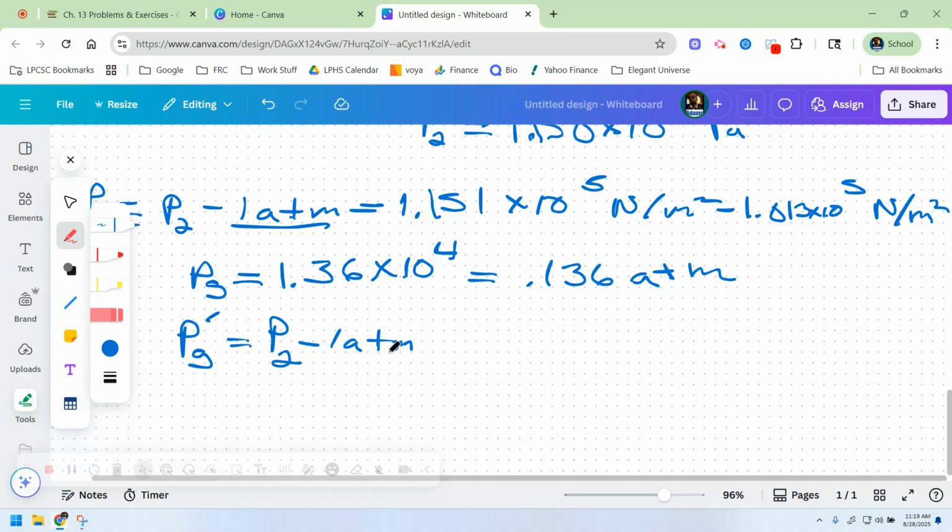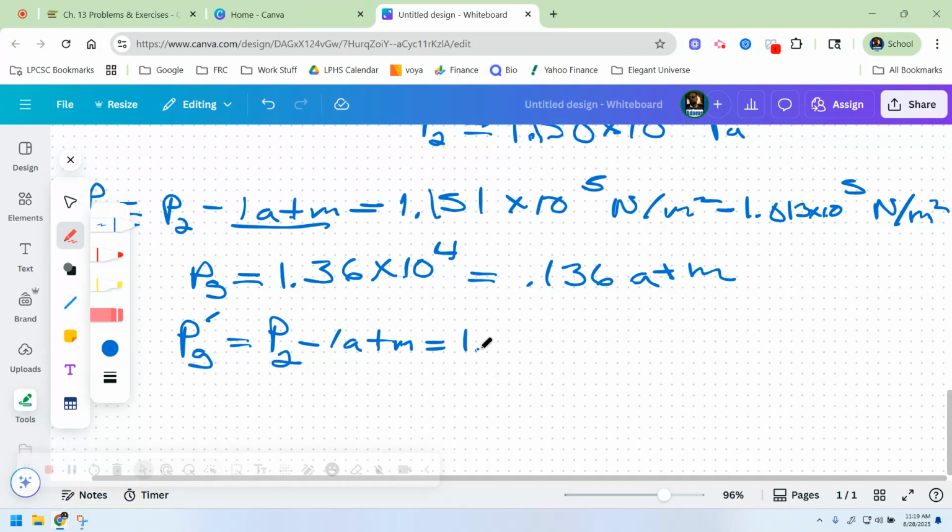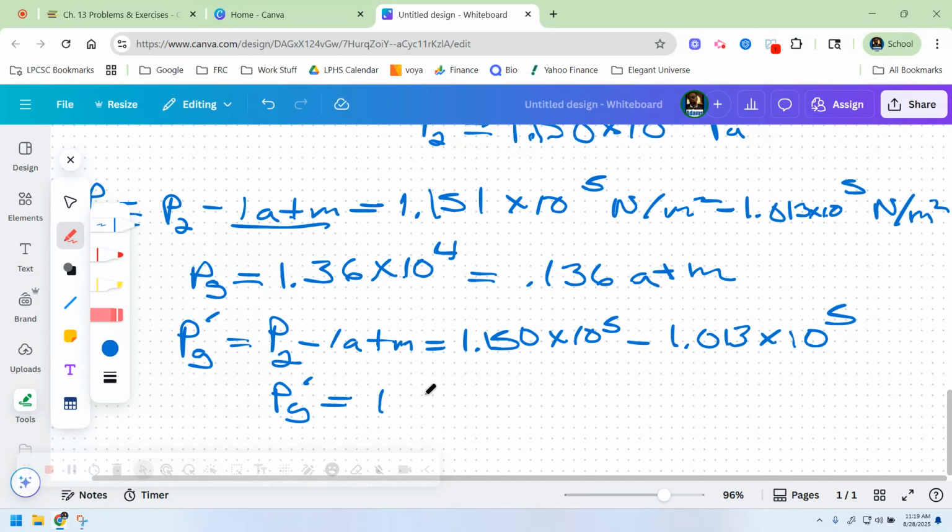If you do the math on this one, because it's now 1.150 times 10 to the 5th minus 1.013 times 10 to the fifth, our final answer for the pressure of the gas is about 1.35 times 10 to the 4, or 0.135 atmospheres.